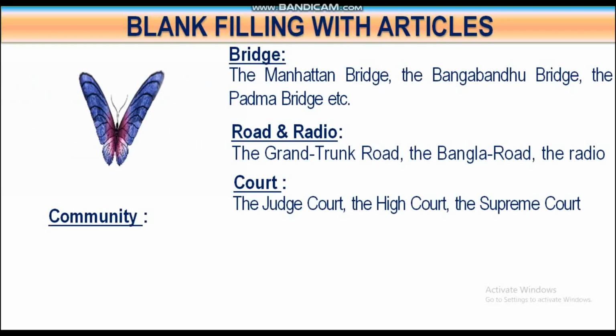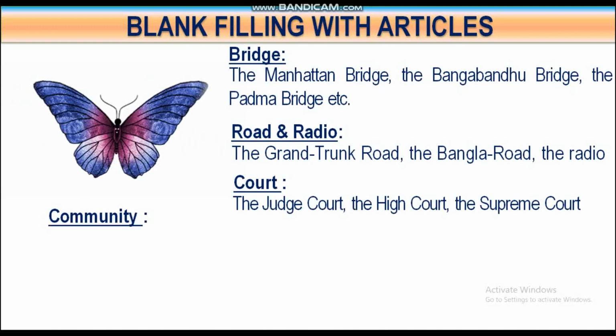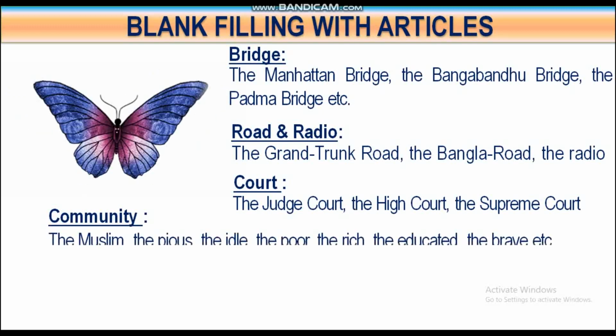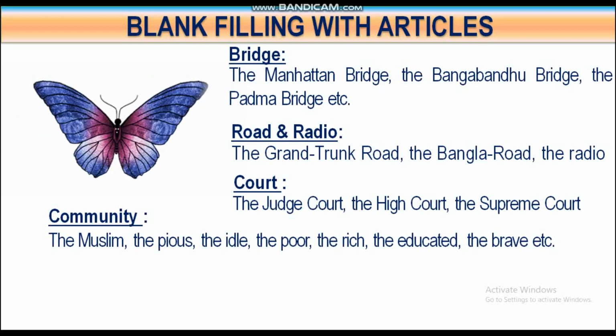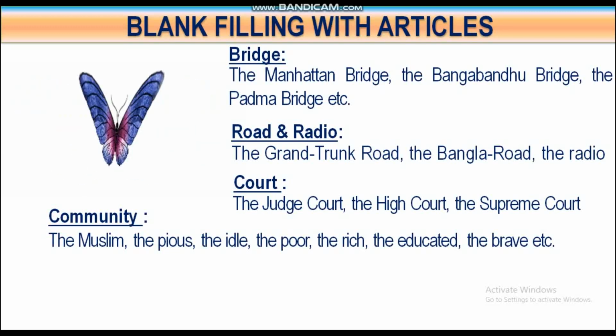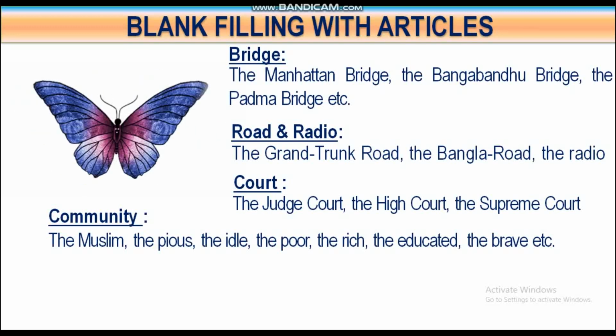And before this group or society, article the is used. Some examples of community are the Muslim, the pious, the idle, the poor, the rich, the educated, the brave, etc.